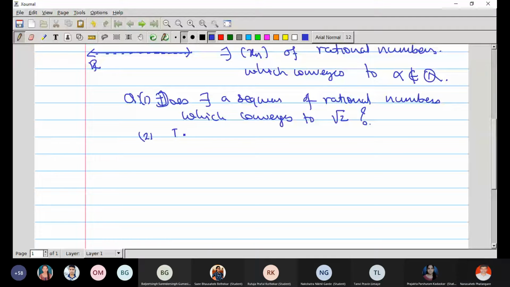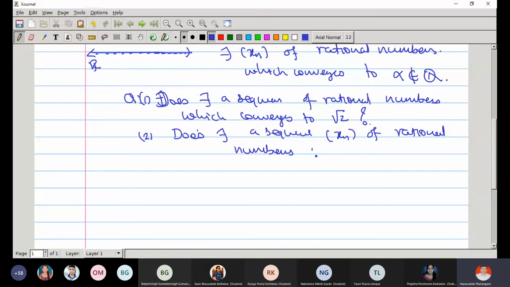Second, does there exist a sequence x_n of rational numbers which converges to the irrational number e? What is your answer to these two questions?